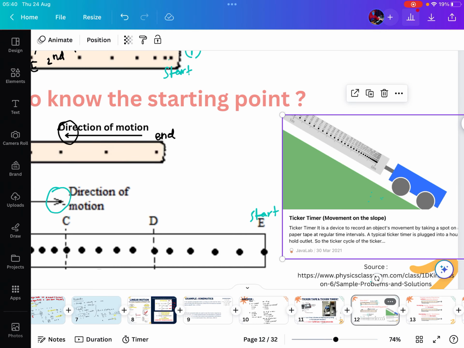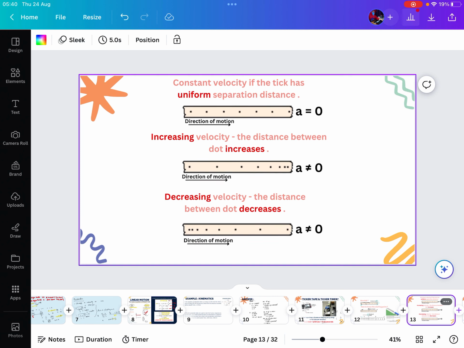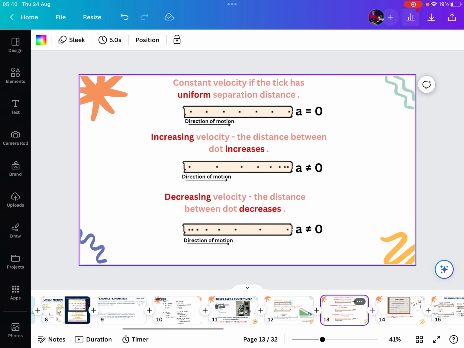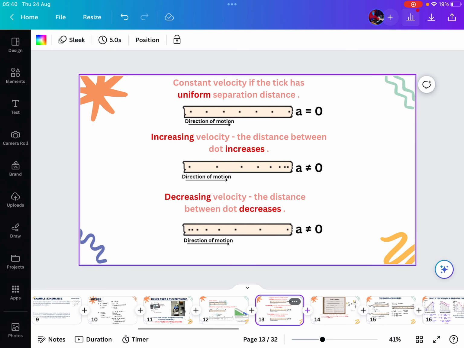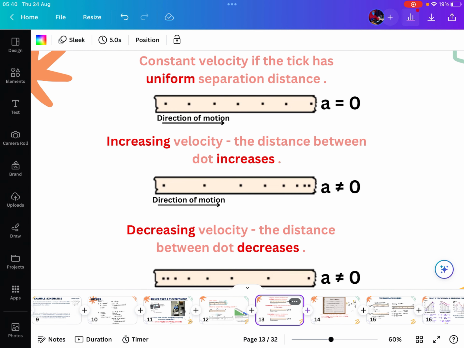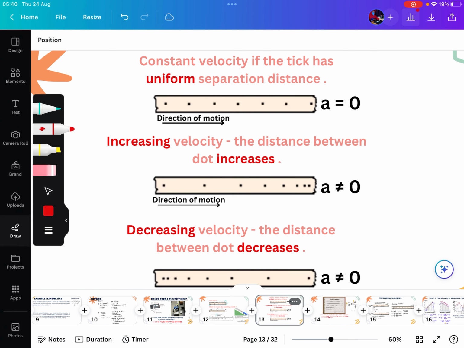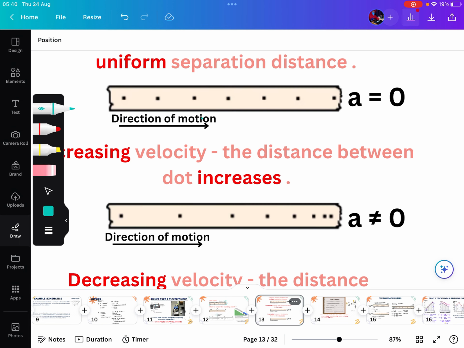Okay, so let's take a look at this. Constant velocity occurs if the ticks have a uniform separation distance. So you can see over here, the direction of motion is towards the right, which means this is the starting point, S, and this is the ending.